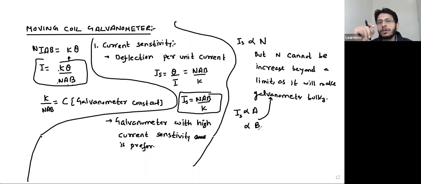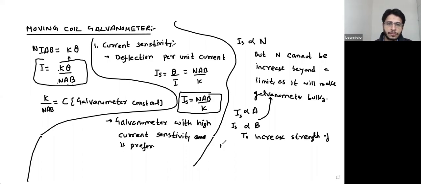To increase the strength of the magnetic field, a soft iron core is used. The property of a soft iron core is that it can increase the strength of the magnetic field up to 1000 times.